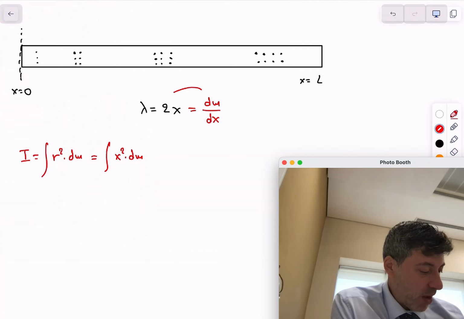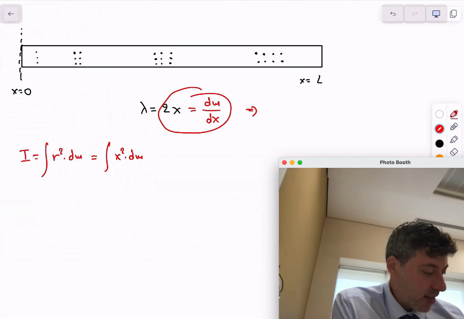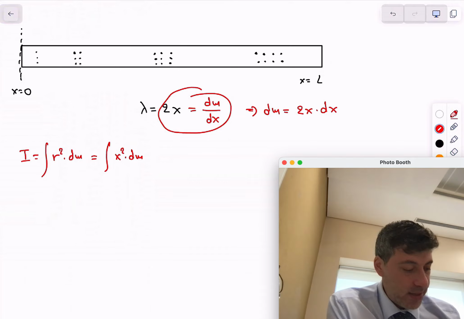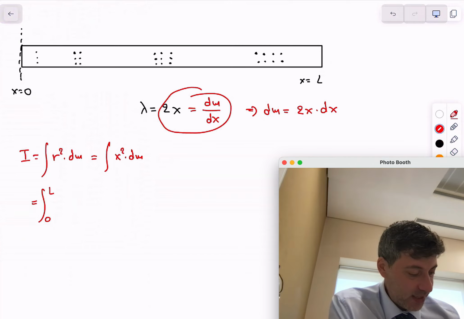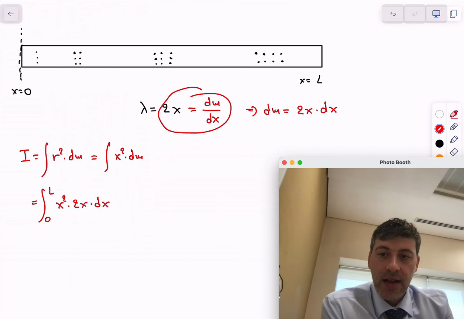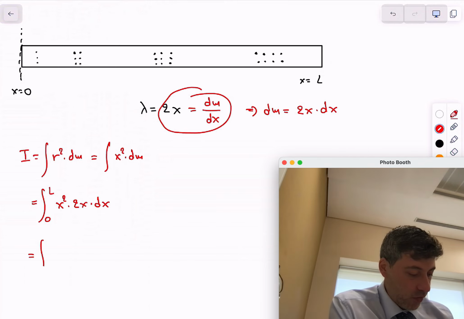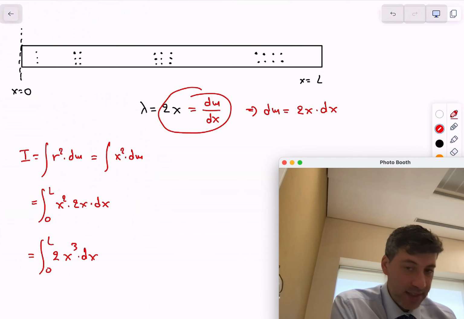So from this part of the equation, we get that dm is equal to 2x times dx. And the integration is happening from start to finish, x squared times 2x times dx. So this is an integration from 0 to L of 2x to the power of 3 times dx.